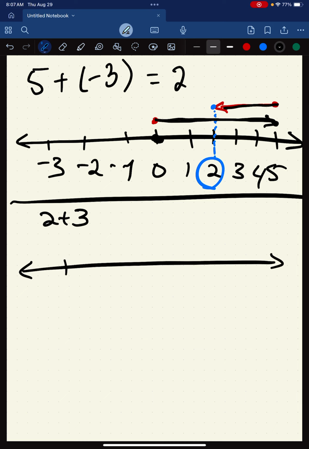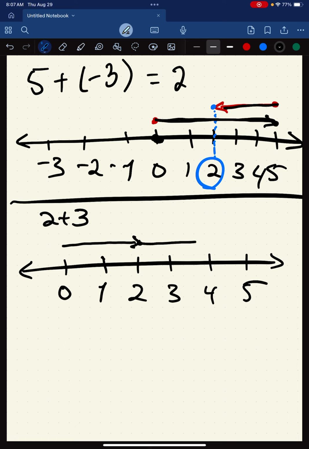So all of these are going to be to the right of 0. So 1, 2, 3, 4, 5. 2 plus 3, hopefully we all know, is 5. What this really means is 2 to the right, and then picking up from where we left off, 3 more to the right.